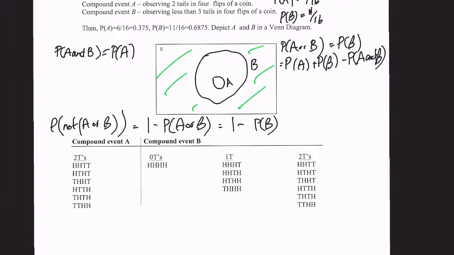Okay? So if you put the numbers down for all of these, this one would be 6/16. This one would be 11/16. And this one would be 5/16.